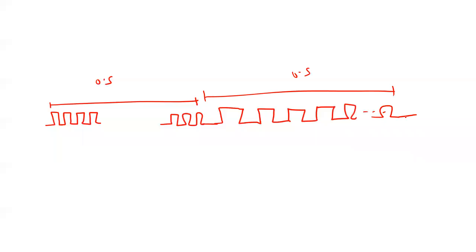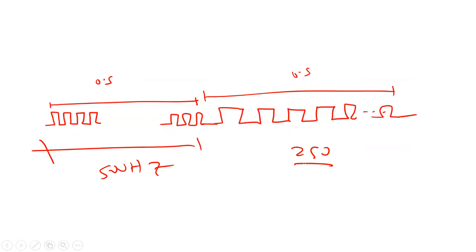Because we have 500 hertz and then 250, on the scope you can see the higher frequency, 500, and the lower frequency. This one for half a second, this one for half a second.